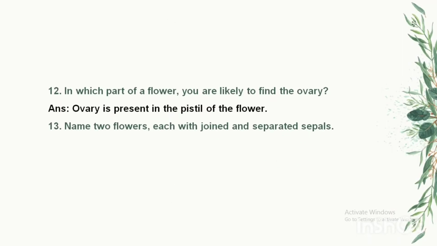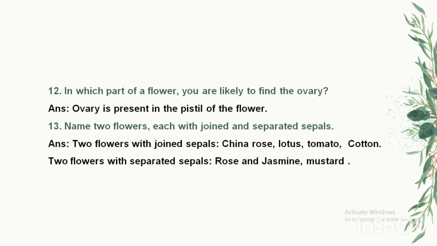Last but not the least, name two flowers each with joined and separated sepals. मतलब फ्लावर्स के नाम देने हैं जिसके अंदर सेपल्स जॉइंड हैं और सेपरेटेड हैं. So first one is joined sepals, for example china rose and lotus, tomato, cotton, even you can write bell flowers, matlab dhatura, which have joined sepals.